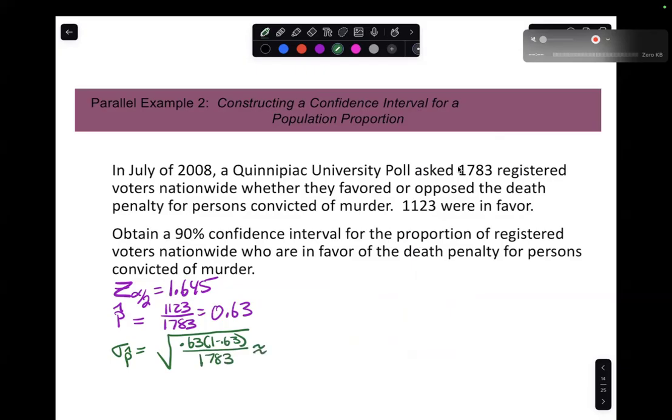And I want to get this number. Uh-oh. Need to turn on a light. 0.0114. Tell me if you put this in your calculator and got something different. I'm going to turn a light on.